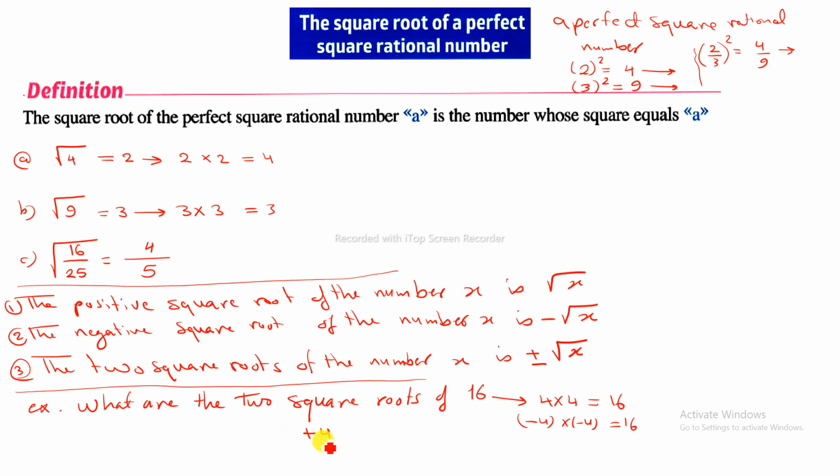Positive 4 or negative 4. فبنكتبها positive or negative 4. طبعا بقى ممكن نكتبها باسلوب تاني اللي هو الشكل ده. هو عايز the two square roots نقول له positive or negative square root of the number 16 which is equal positive or negative square root 16 اللي هو 4. يبقى ناخد بالنا من كل معلومة لما يطلب the positive square root، the negative square root، the two square roots.